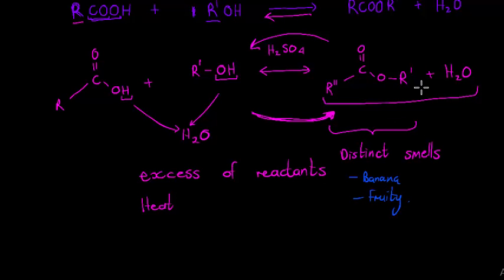So that is how we know in the end, or how we test in the end, that we have actually produced an ester, by dropping a few drops of ester on a paper, and then with a process called wafting, we just let the air from the piece of paper go into our nostrils and not take a big whiff, and we'll have these smells, and sometimes it can be different types of smells as well, but esters are typically what is used in flavorants and to produce nice odors in products like deodorants, etc.